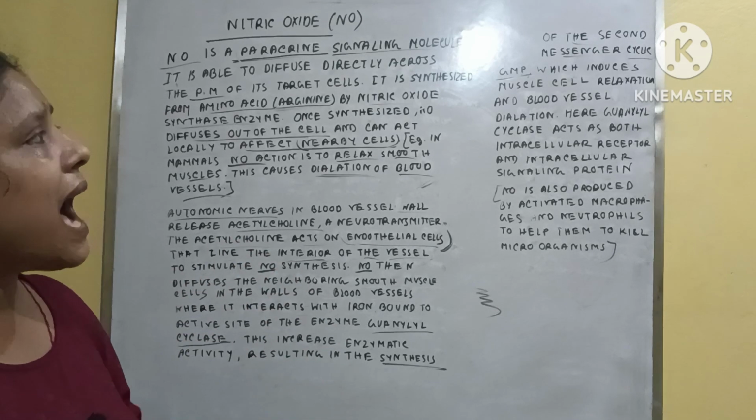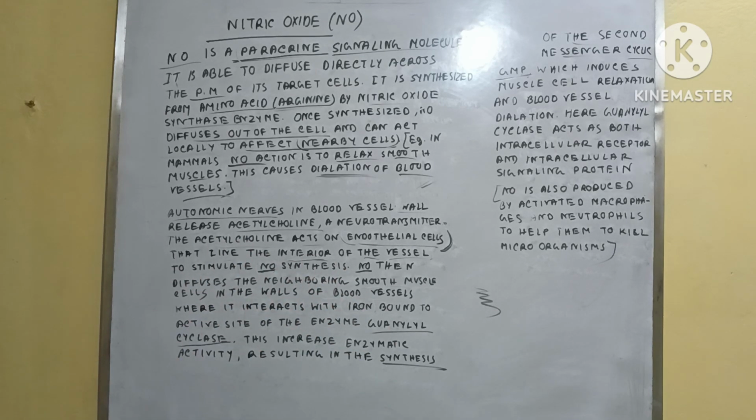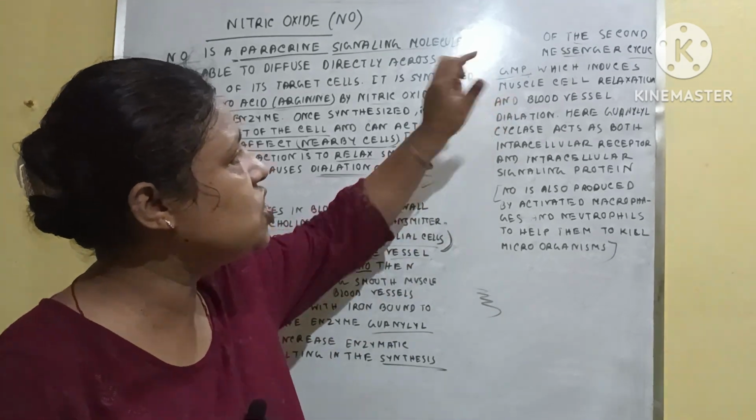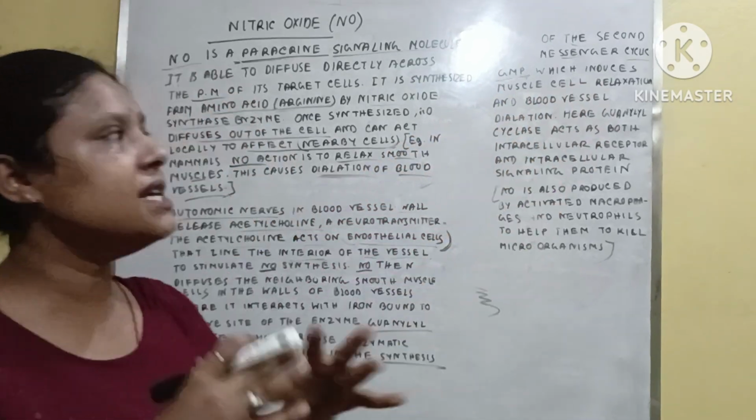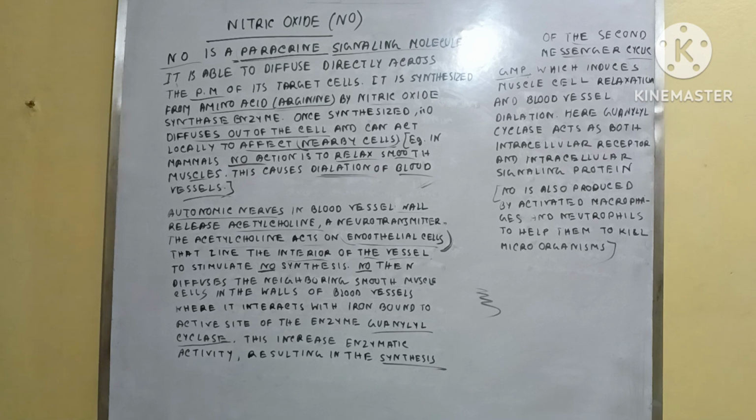That means after the synthesis of this cyclic GMP, the muscle cell relaxation and the blood vessel dilation are seen. Both are possible.